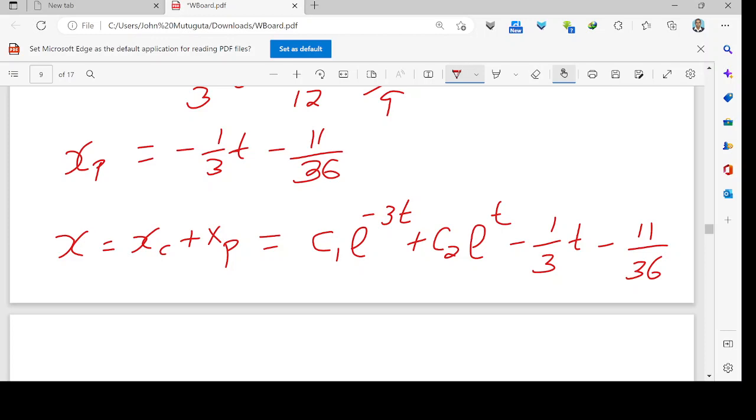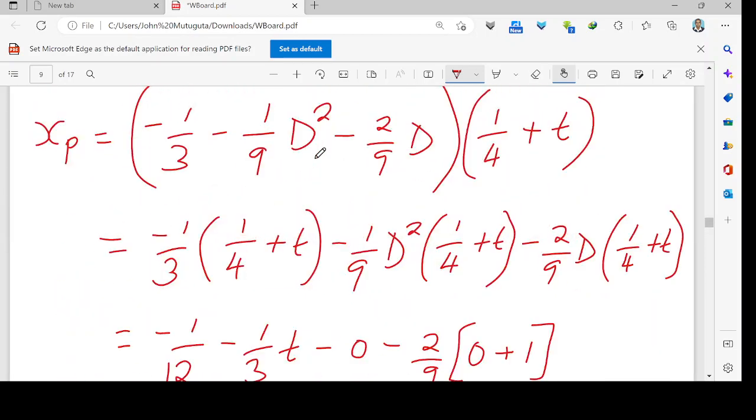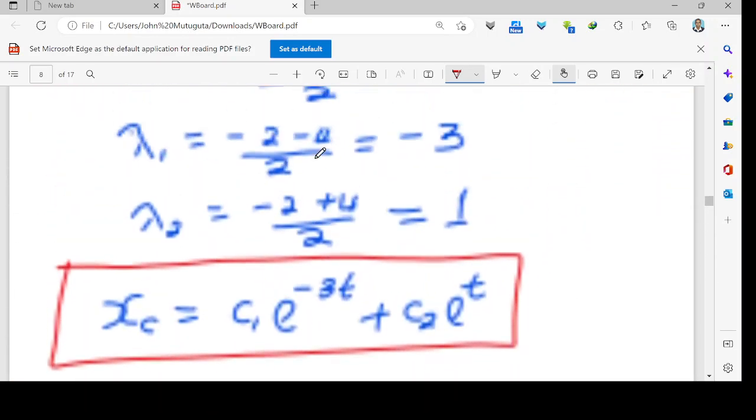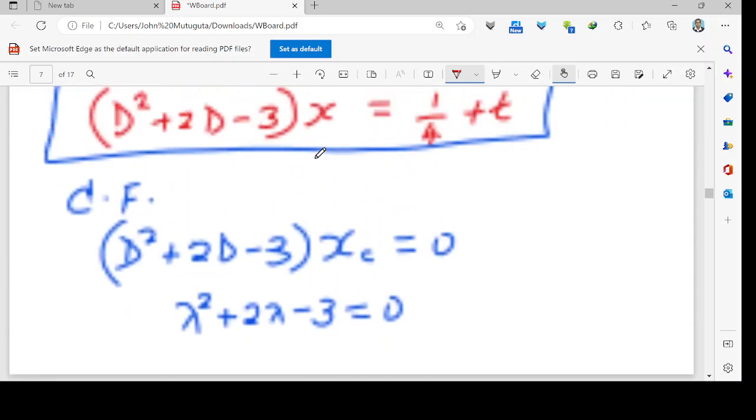Now, this is the solution to the first function, which is x. We will go back to the system given, and make y the subject in one of the equations.